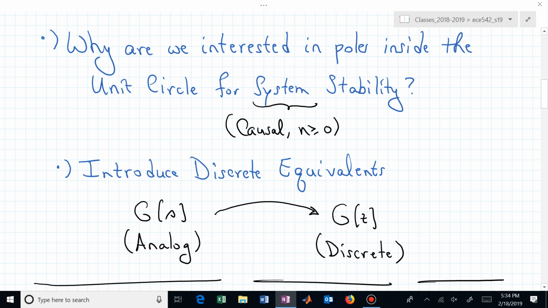It can arise for many different purposes, and how we perform that discrete equivalent depends on what we're starting with G of S. It may be preceded by a zero-order hold. It may not be, and that might influence how we make this discrete equivalent. So there's not just one way to go from G of S to G of Z, is what I'm trying to emphasize.